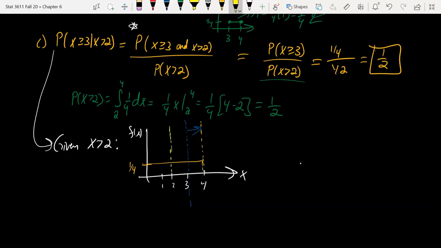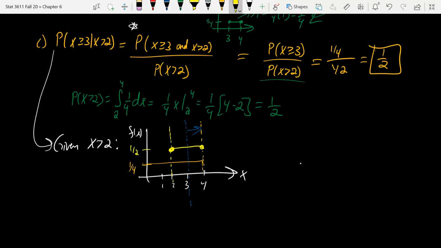So now our distribution doesn't go all the way from 0 to 4, but only from 2 to 4. So what would that density have to be? Well, that has a base of 2. That density, in order to integrate to have an area of 1, would have to be a half, right? That would have to be a half. So we've cut our base in half, so our height has doubled from a quarter to a half.